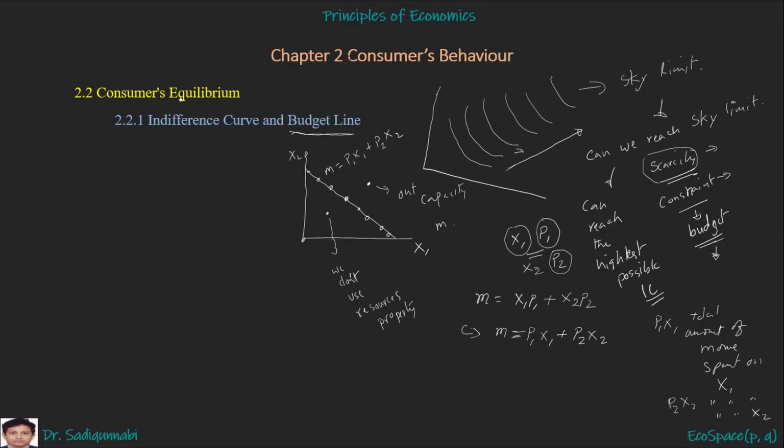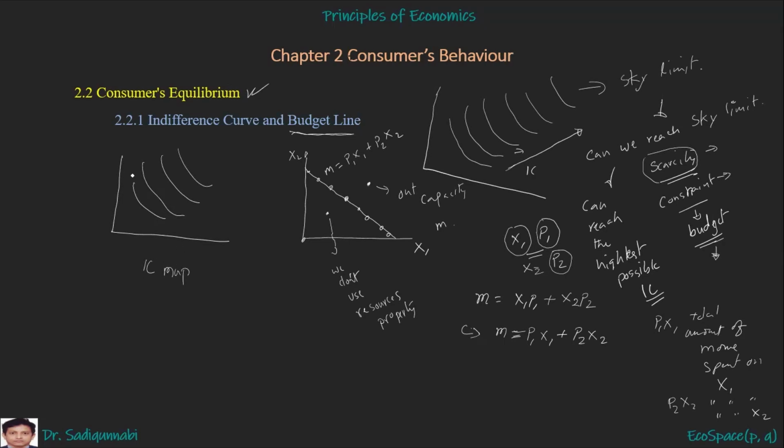How? When we get the maximum possible IC, that is the consumer's equilibrium, and we can combine these two graphs. So we have the IC map.